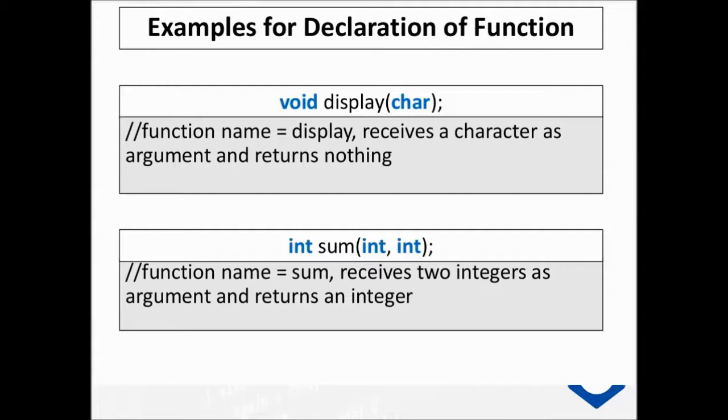So the function named display receives a character as an argument and returns nothing. Similarly, we have another function declaration, which is int sum, int, int. This function, named sum, receives two integers as arguments and returns an integer, which means this function sums two numbers and returns the result to the main program.